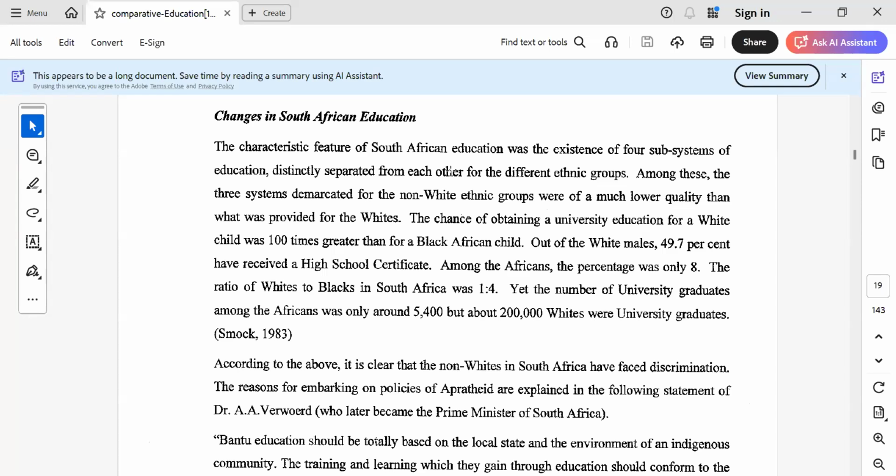Yet the number of university graduates among Africans was only around 5,400, while about 200,000 whites were university graduates, right? This information is from SMOC.